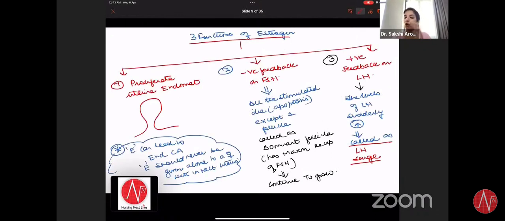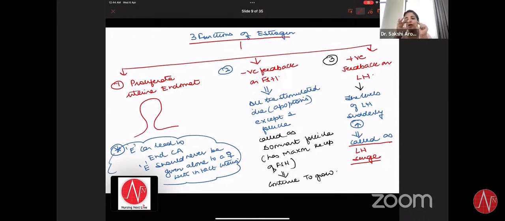So till here I have told you three functions of estrogen. Estrogen was proliferating the uterine endometrium, estrogen had a negative feedback on FSH, and estrogen had a positive feedback on LH. So on one side in the ovary, because estrogen had a negative feedback on FSH, all follicles had died, just one follicle was remaining.